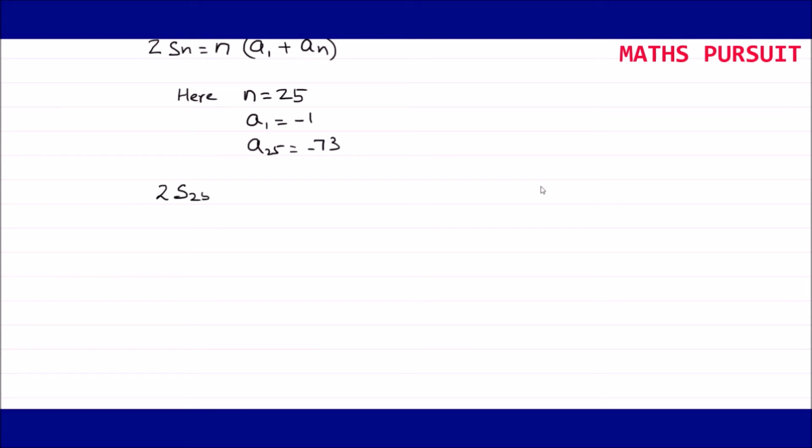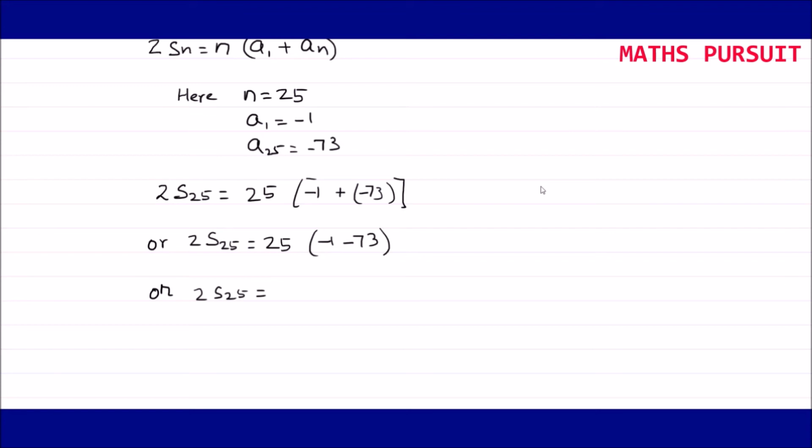So 2S25 = 25 into (a1 + a25), that is 25 into (-1 - 73), or 2S25 = 25 into -74.